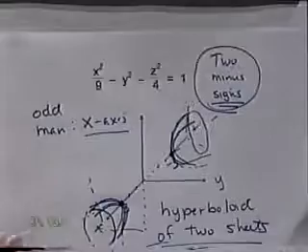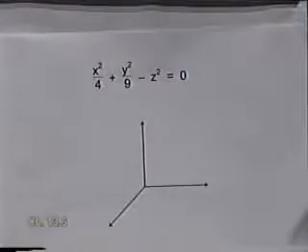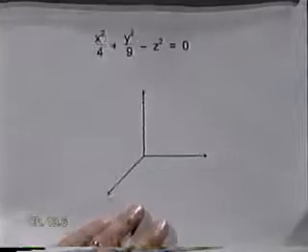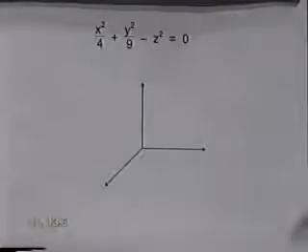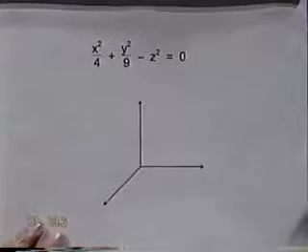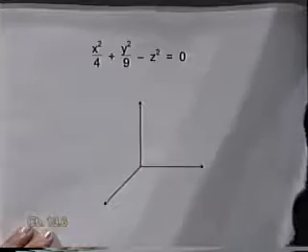Okay, moving right along. We got 1 more to do. Oh, let's look at this one. 2 more. I lied. I have 2 I have to do, and then we'll do 2 exercises real quick. All right, this one right here. x squared over 4 plus y squared over 9 minus z squared equals 0.